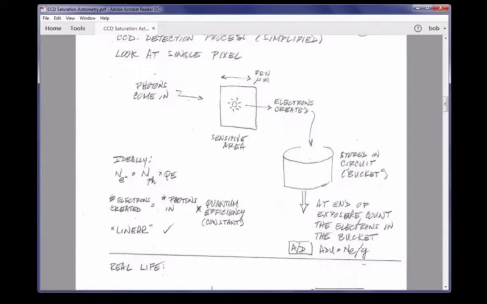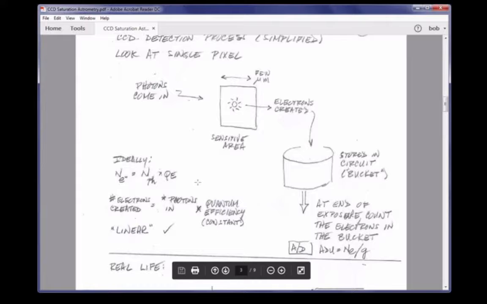So what you get out of your analog to digital converter is the ADUs, which is the number of electrons divided by the gain. The gain is nominally a constant number. For example, I think on the camera you're using at LCO GT, the gain is almost exactly 1 electron per ADU.